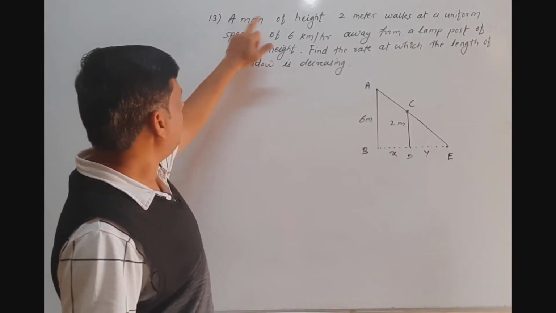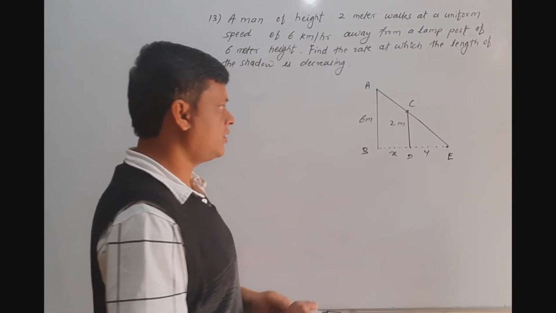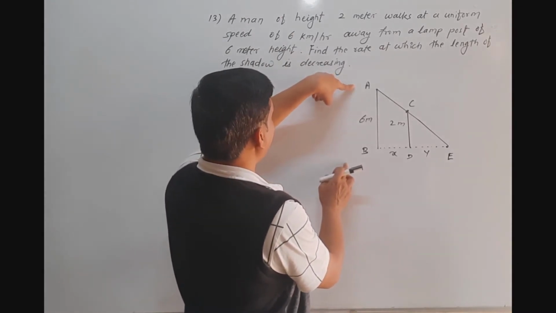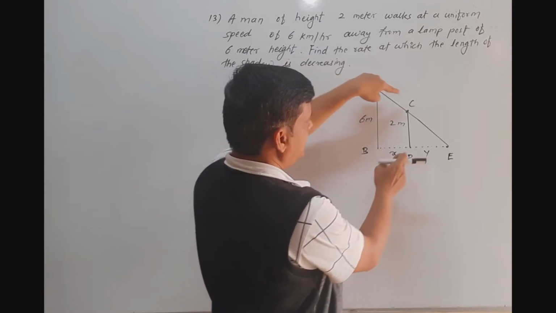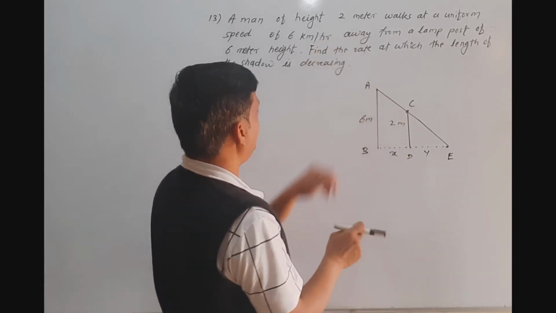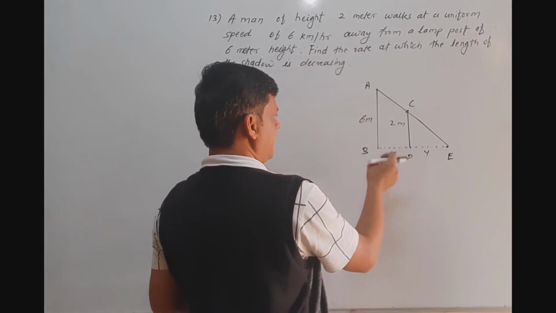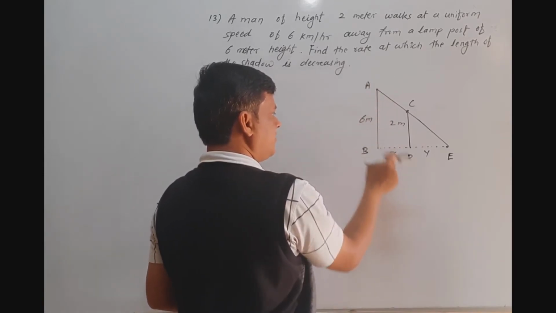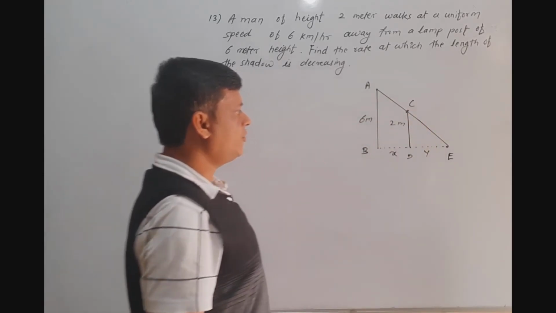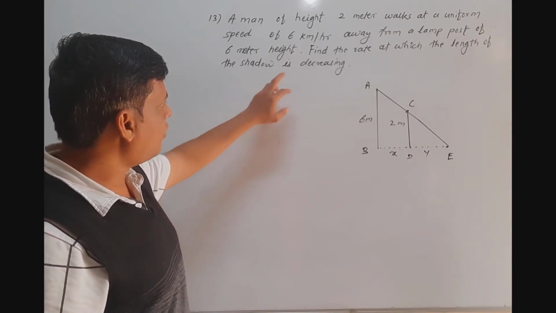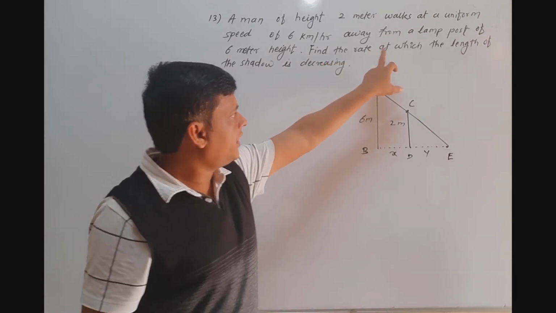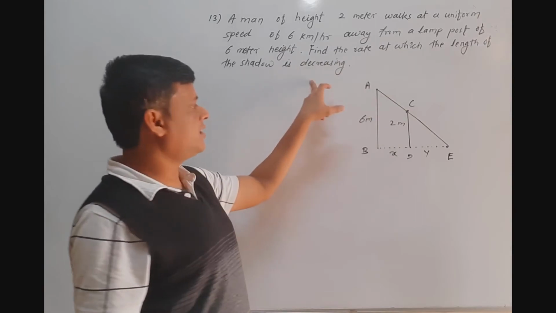So here we consider AB as the height of the lamp post and CD as the height of the man. AB we write 6 meter, CD we write 2 meter.